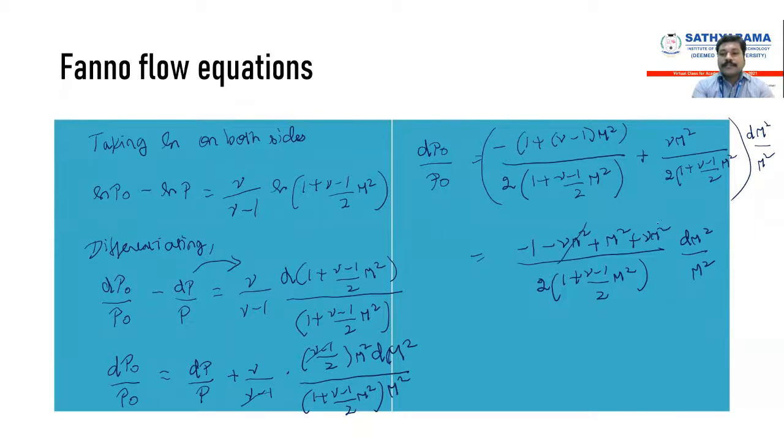Taking LCM we have this, so the plus term and minus term get cancelled. Taking minus common outside, we have minus 1 plus M square, which is minus of (1 minus M square). So minus of (1 minus M square) divided by 2 into (1 plus (gamma minus 1) M square) times dM square by M square. So this is your total pressure variation throughout the flow.